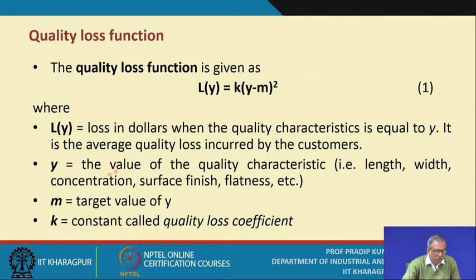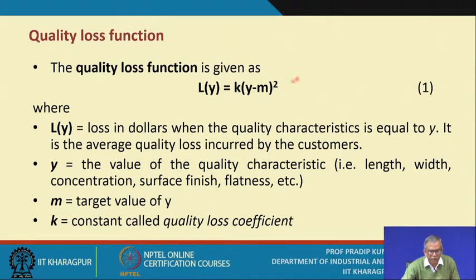So y is the value of the quality characteristic, which is a random variable. For example, this could be the length, width, concentration, surface finish, flatness, etc. These are variable quality characteristics, which are measurable, and the exact value will be known.